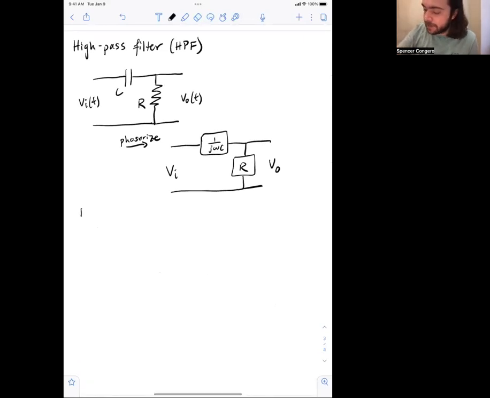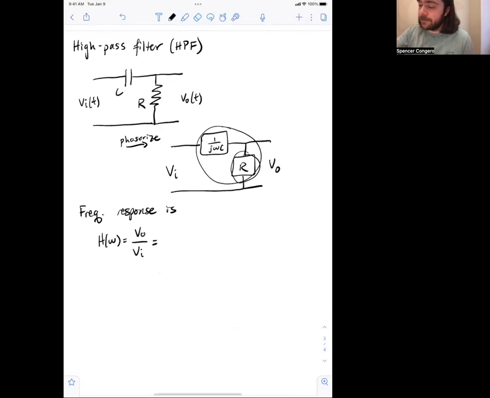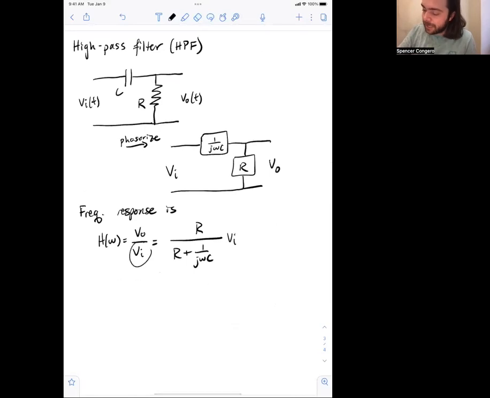So we've got to find the frequency response. So the frequency response is H of omega. We know it's the output phasor divided by the input phasor. Okay, again, the output phasor, it's just a voltage divider. It'll be this impedance divided by the sum. So let's do that. It's going to be R over R plus 1 over j omega C. Again, the output phasor is that times V_I, but then we're dividing by V_I, so we can get rid of that.